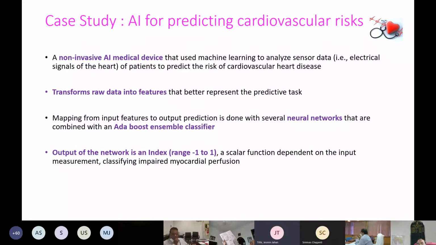It transforms raw data into features that better represent the predictive task, and then it maps the input features to output prediction with several neural networks that are then combined using an AdaBoost ensemble classifier. The output of the network is basically an index between -1 and +1, which is a scalar function dependent on the input, and finally it classifies it as either red or green, saying whether there is an impaired myocardial perfusion or not.